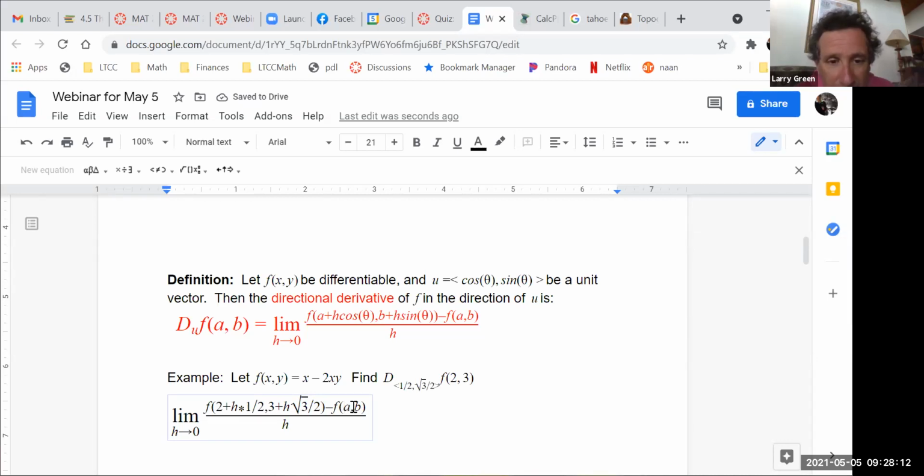Minus f of (2, 3). Let's just calculate f of (2, 3). If x is 2 and y is 3, you get 2 minus 2 times 2 times 3. 2 times 2 times 3 is 12. 2 minus 12 is negative 10. So that means we get a plus 10.